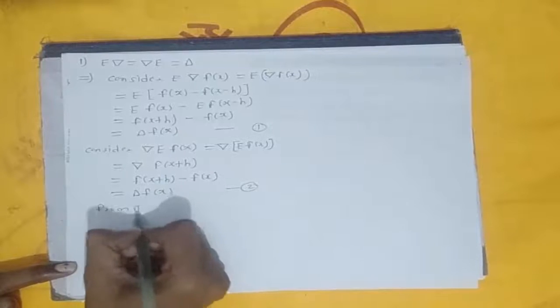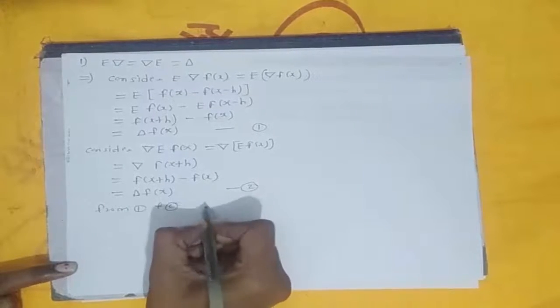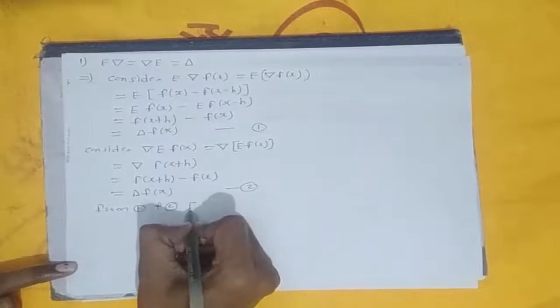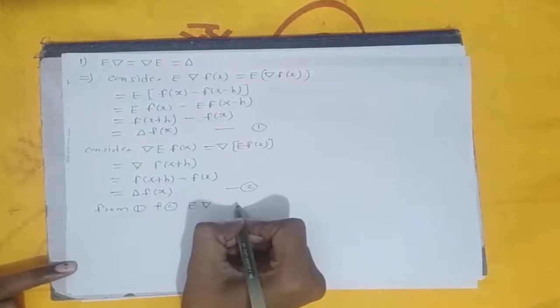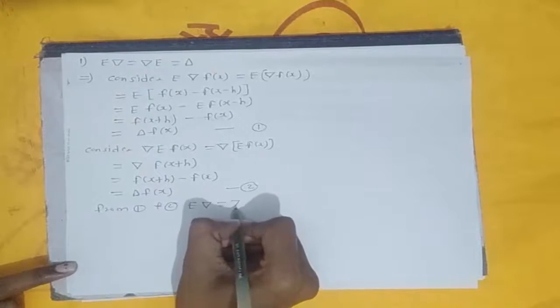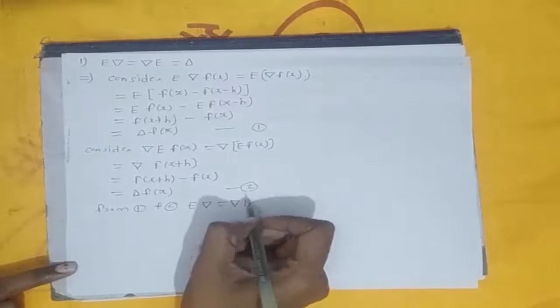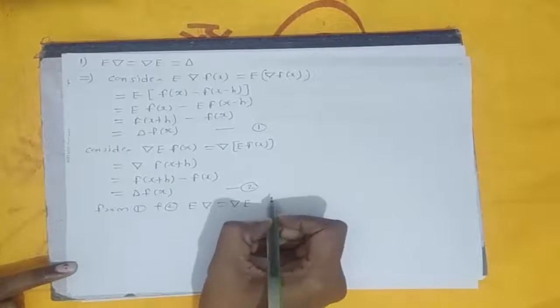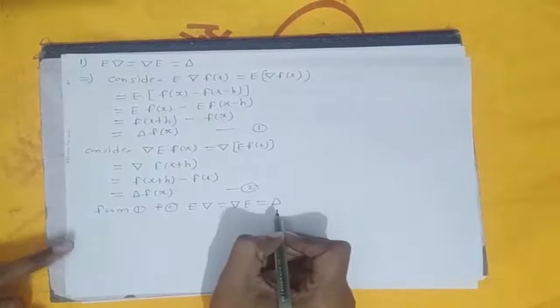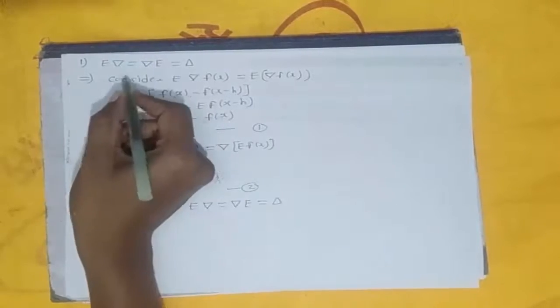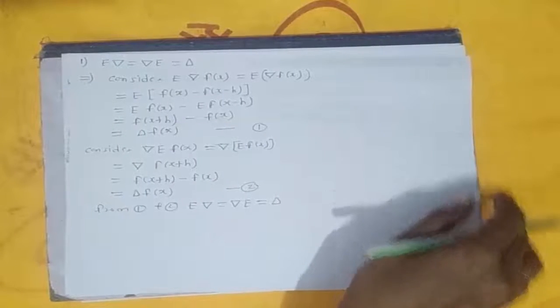That is, from 1 and 2 we get E delta equals delta E, and here f of x is an arbitrary function, so we get E delta equal to delta E. So this identity will be proved.